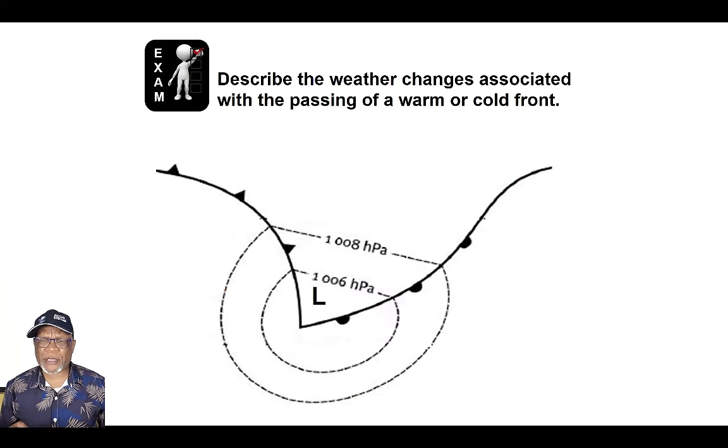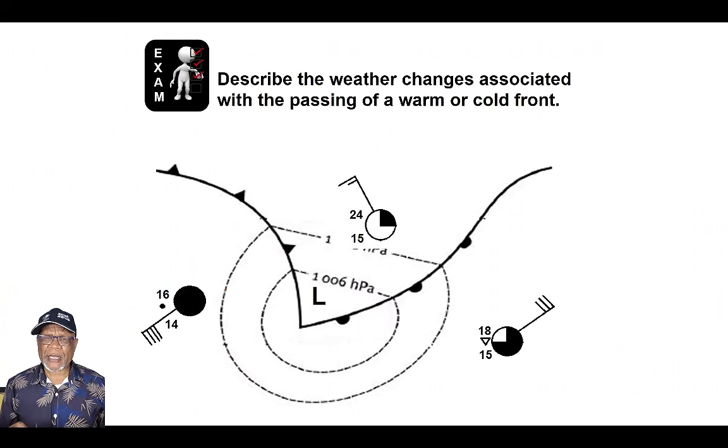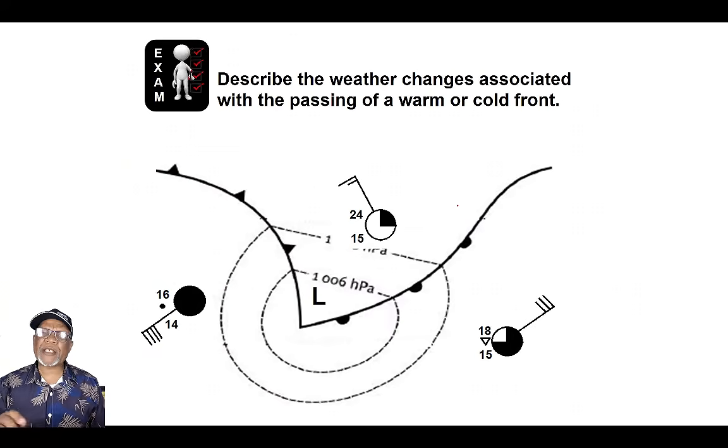Now let's quickly look at the mid-latitude cyclone here, which is circulating clockwise. What you're looking at here are the different station models. Let's say this is station model A, this is B, this is C. When you look at this, where is rainfall more likely to take place among the three of them?